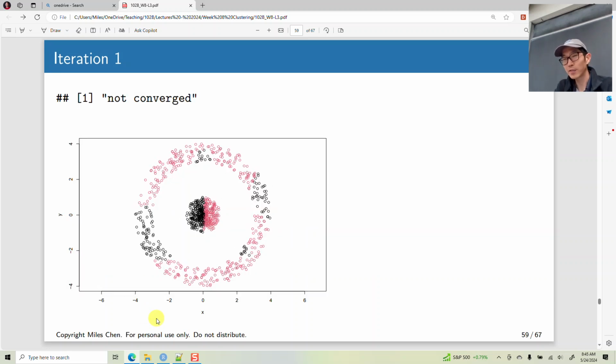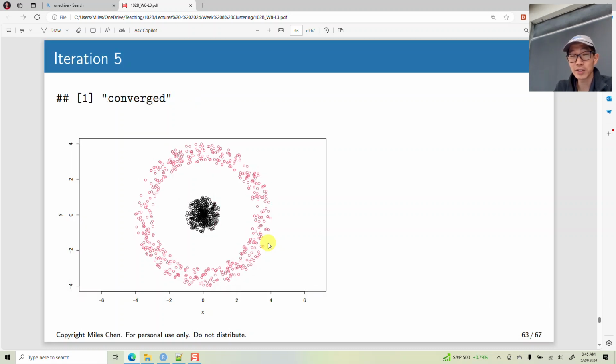After one iteration, this is what it ends up as. I have no idea what it looks like in this projected space. Again, the projected spaces exist in infinite dimensions. So somehow these points are closer to each other in this infinite dimensional space than the other ones, and then we recalculate our distances to the centroids.